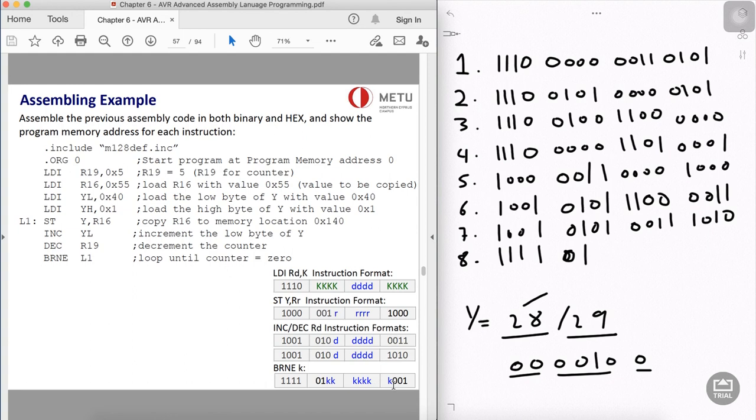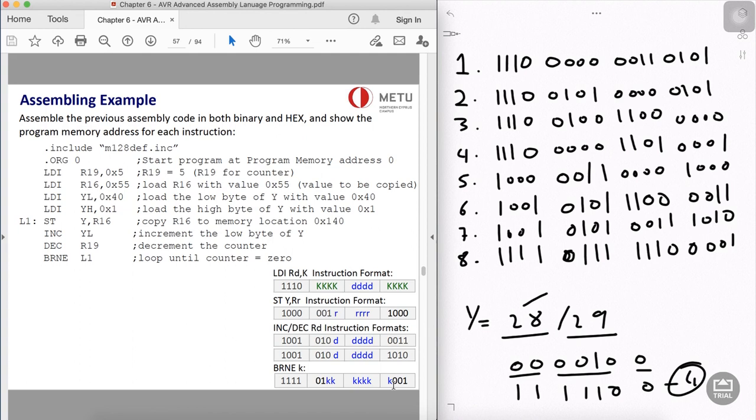If we take the 2's complement of that, that's going to be 0011111. So this is what we are going to store over here: 1111100001. And this will give us -4 that we need to go back.